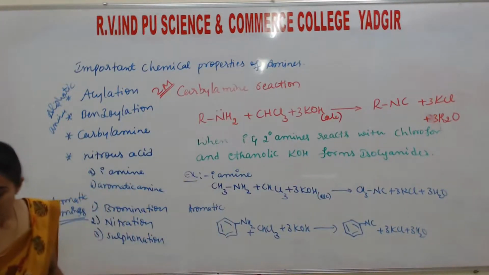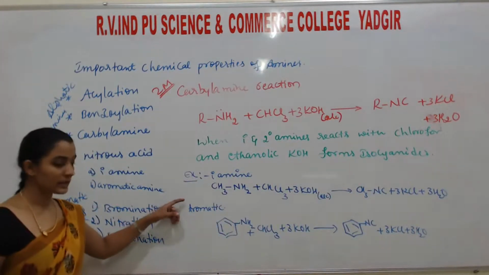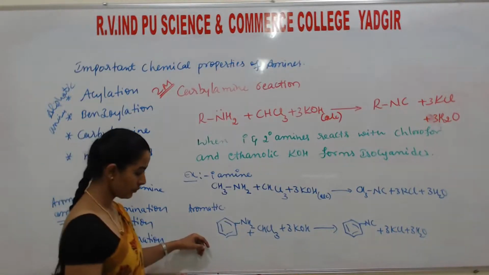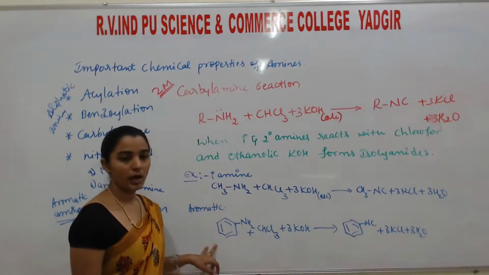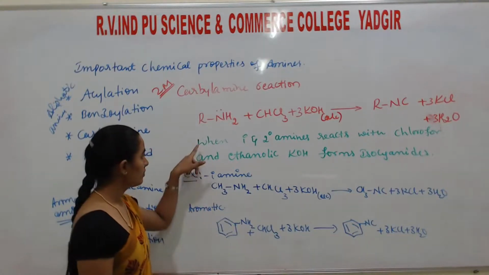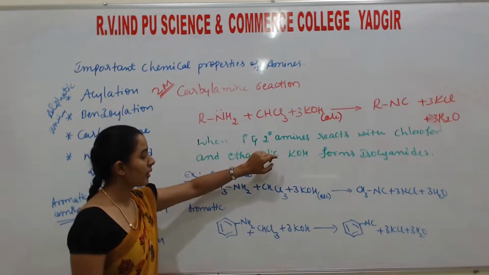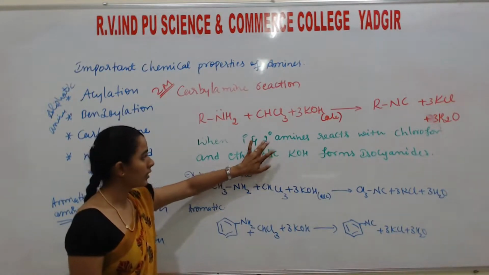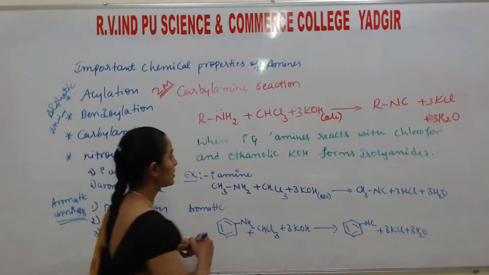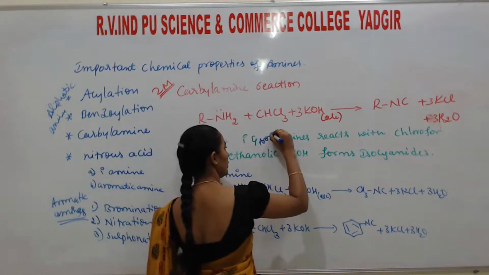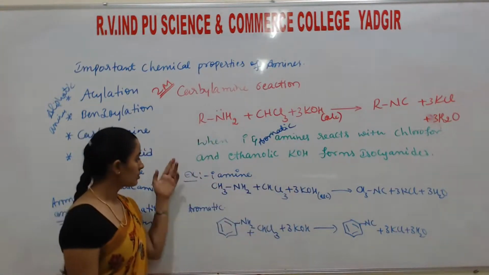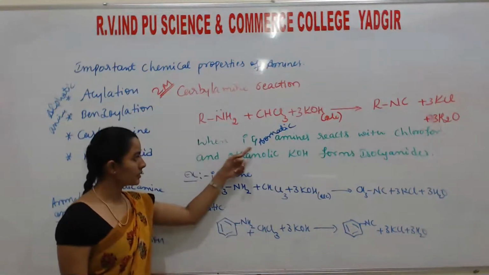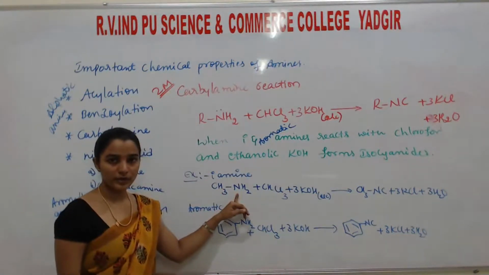The only thing I did here, students, was replacing this R group by an aliphatic amine and an aromatic amine. So what is the statement? When primary amine reacts, I said primary and aromatic you take.